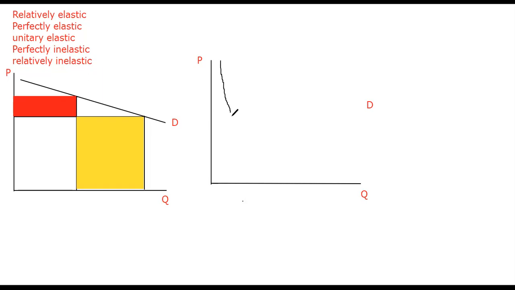This is the demand curve for unitary elastic. What do we mean? We mean that a change in price by 10% will cause the quantity demand to change by the same magnitude.